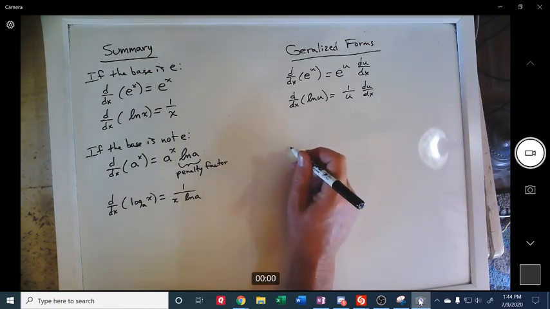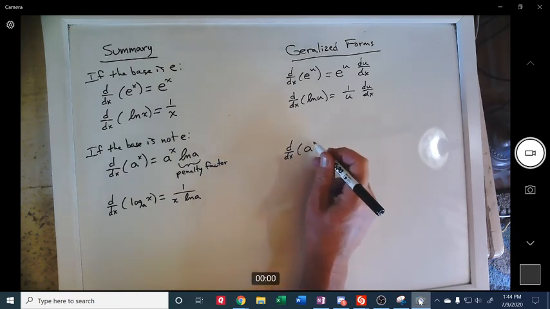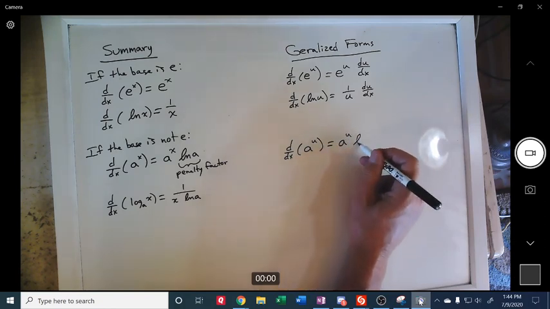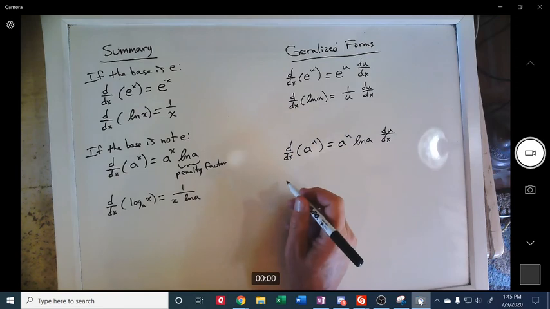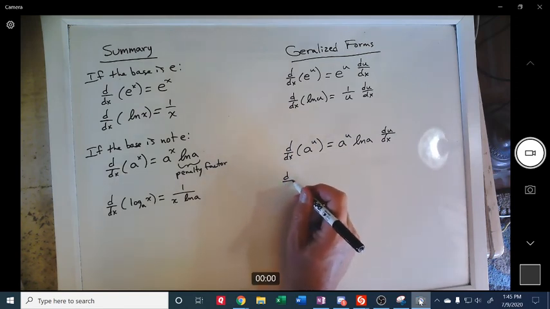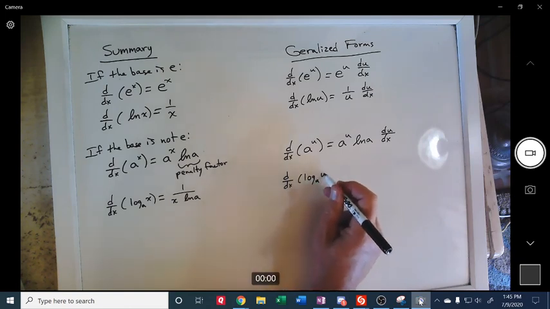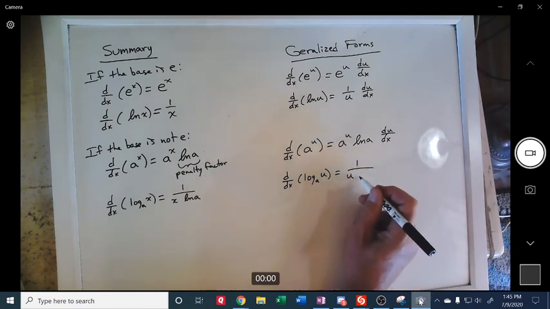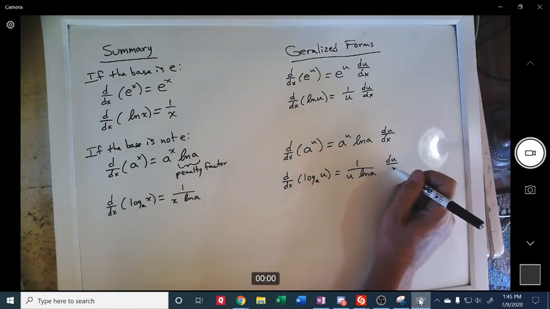These: d dx of a to the u is a to the u ln a, penalty factor, times du dx. This one is d dx of log base a of u is equal to 1 over u, penalty factor ln a, du dx.